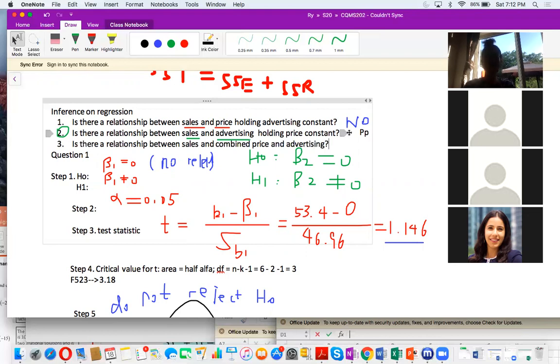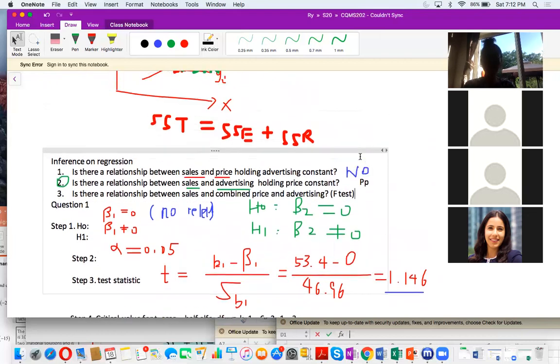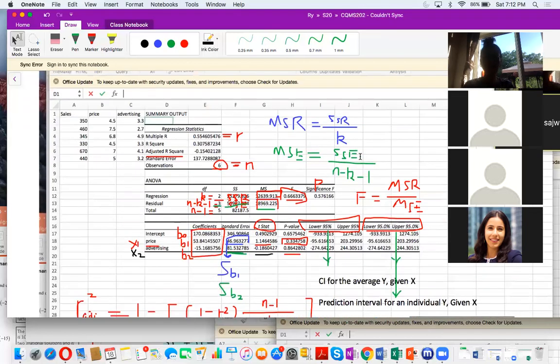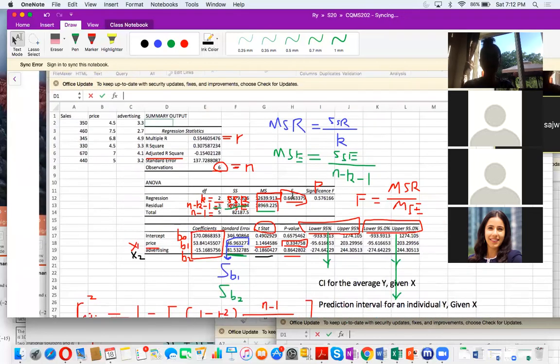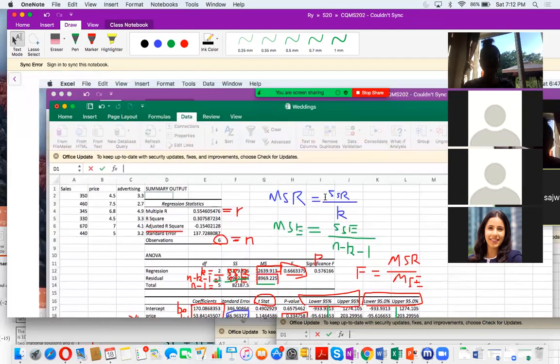That is a research question. To answer this question, you need to use the F test. Remember the output here? You need to use this test statistic F, or the p-value for F, to answer the third question, the overall model. Okay, so that's all for this lecture.